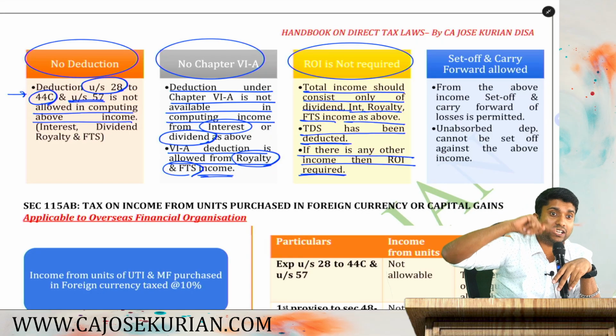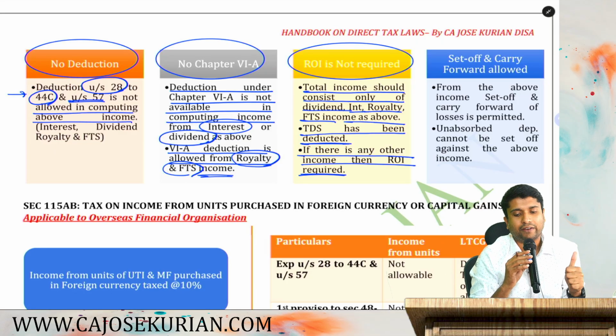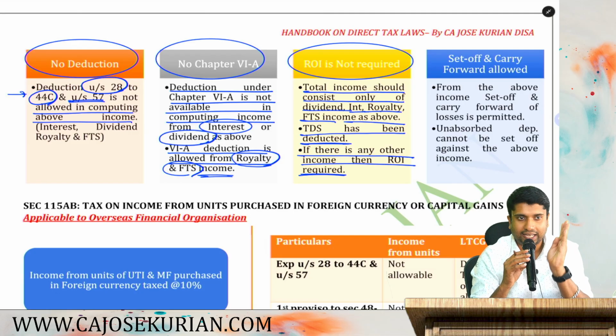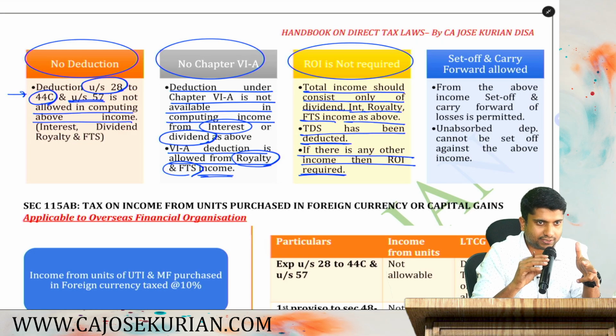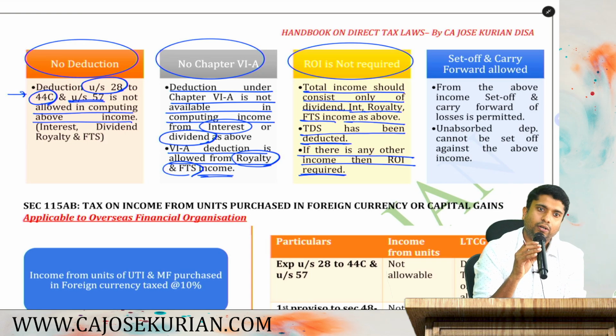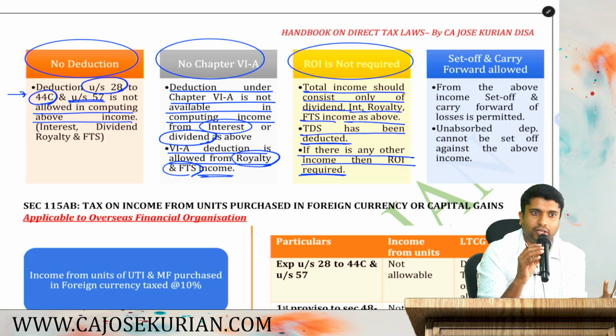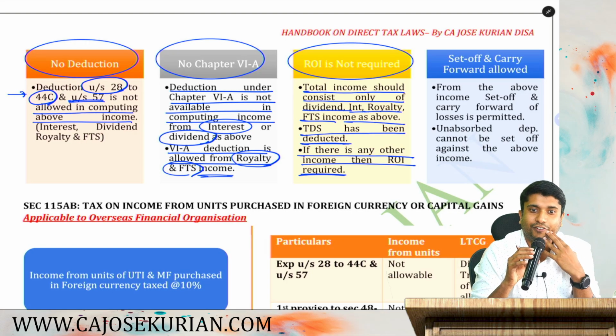I told you that we will cover this in 115A. Say you are a person having only incomes under 115A, either dividend or interest or royalty or FTS, and whoever pays you that income has correctly deducted the TDS. In such a case, don't worry about filing return. You don't have to file any returns. You are absolved from the liability of filing return.